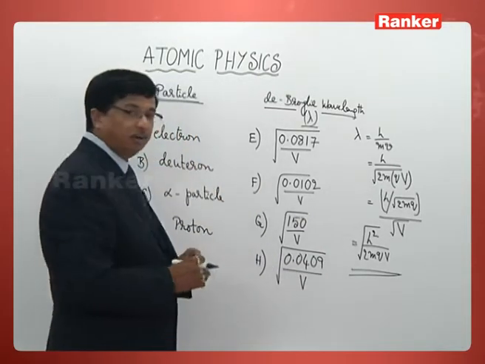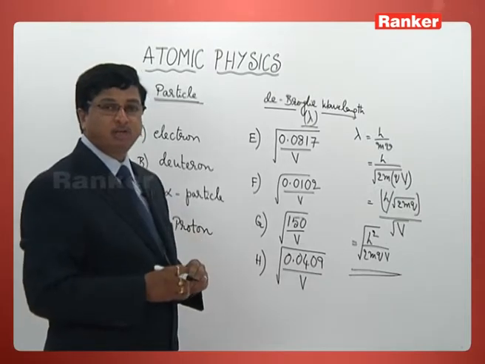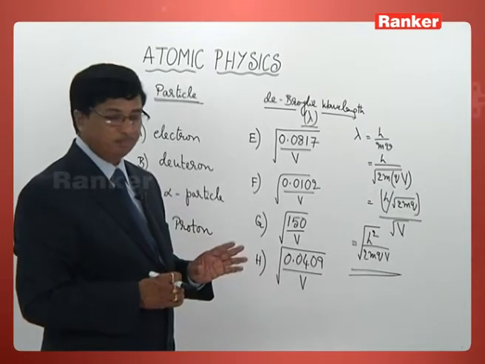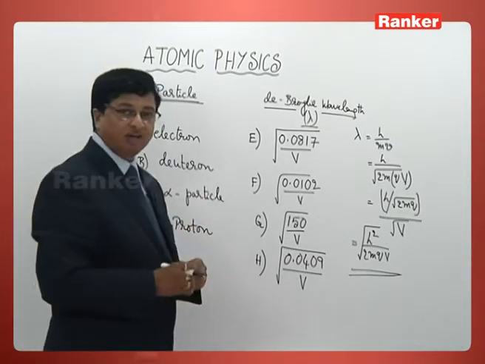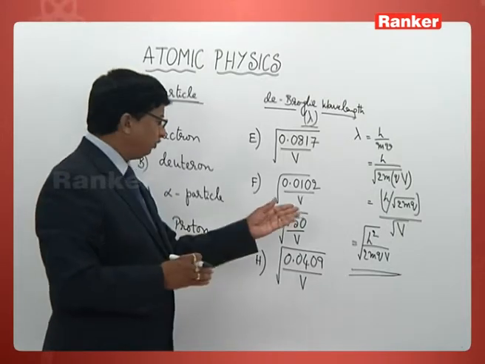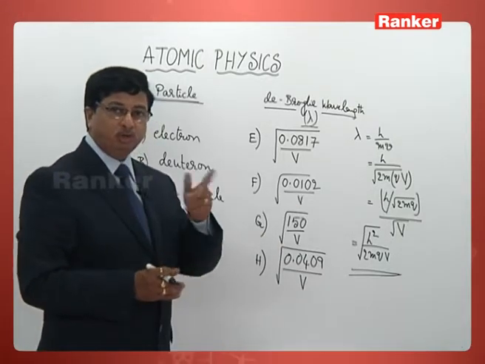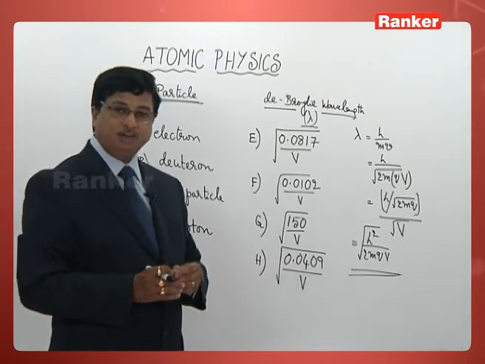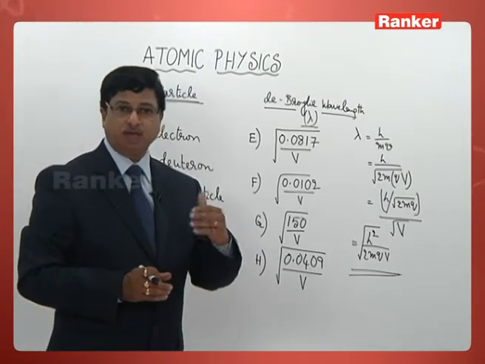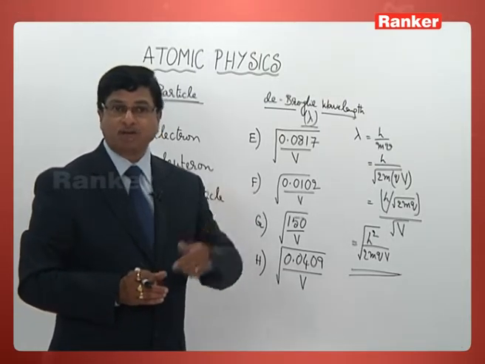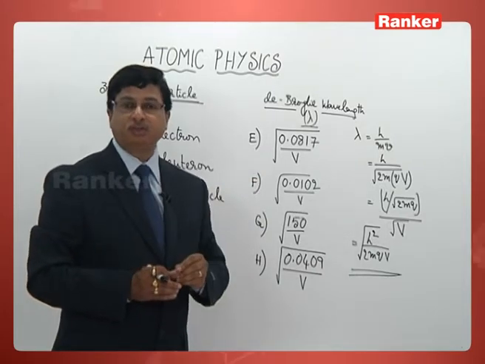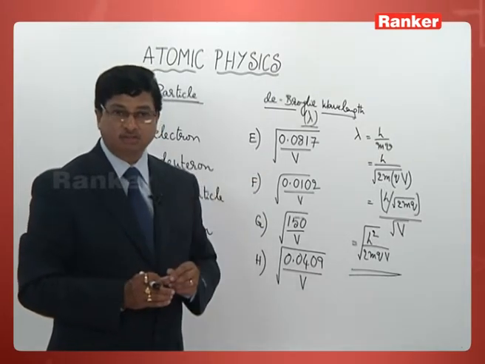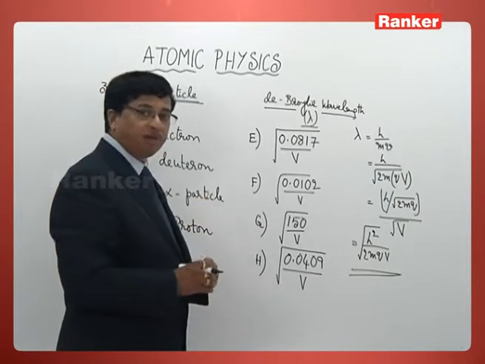First, for electron, 9.1 into 10 power minus 31 kg. Second, for deuteron, the mass is going to have 2 units, that is twice the value of a proton, 1.67 into 10 to the power minus 27 kg. Next, alpha particle.